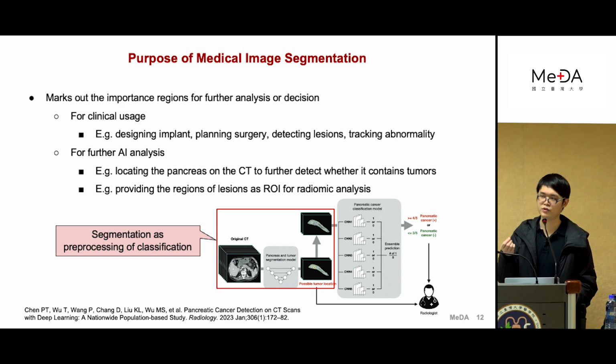We need the computer to recognize where the organs or areas of interest are, because we want to use this for further analysis. In clinical usage, it can be used to design implants, to plan surgery, to detect lesions, or to track abnormalities. And the important one is for further AI analysis.